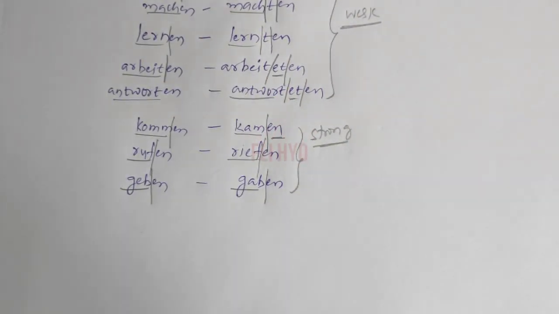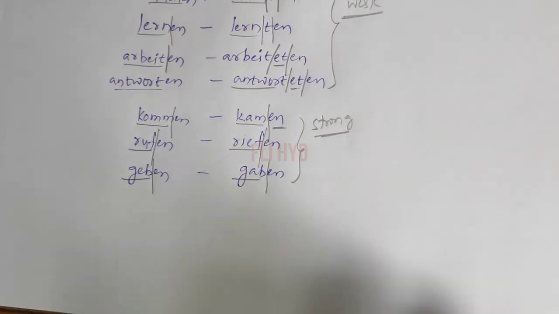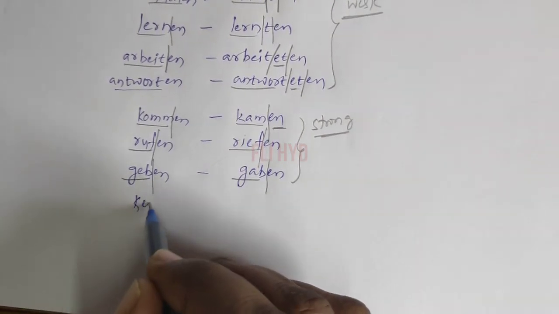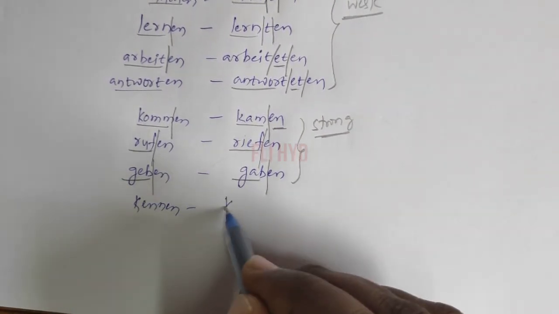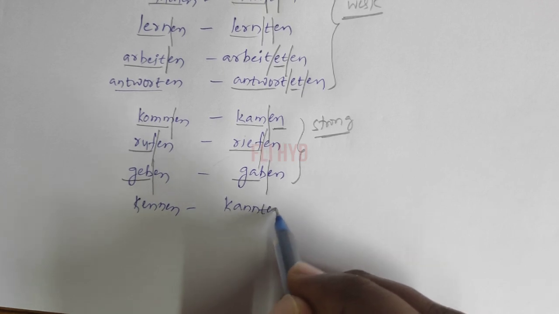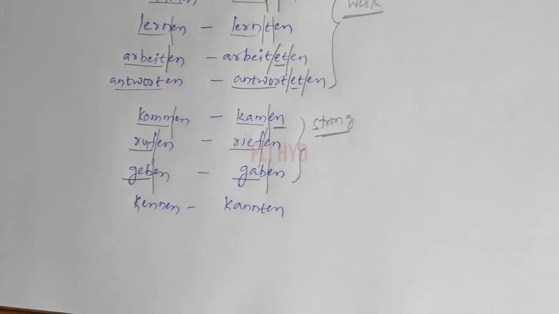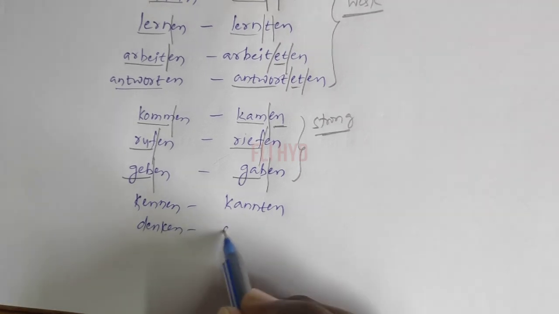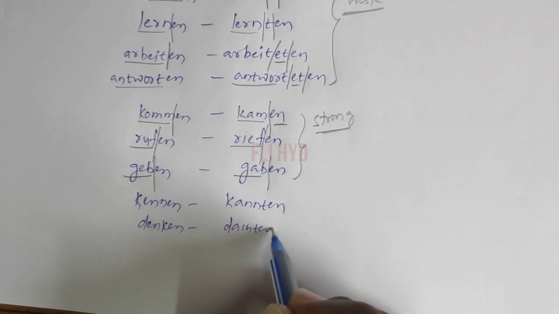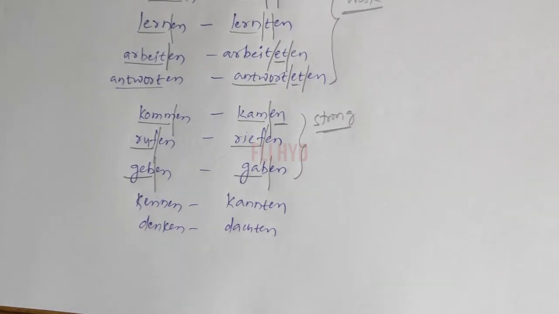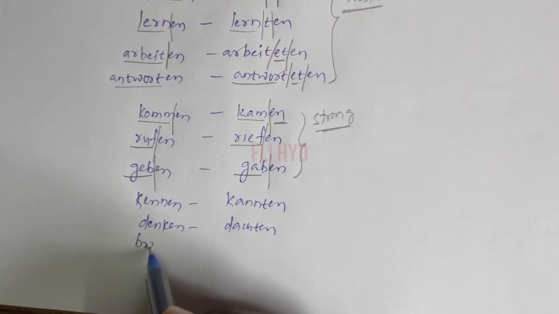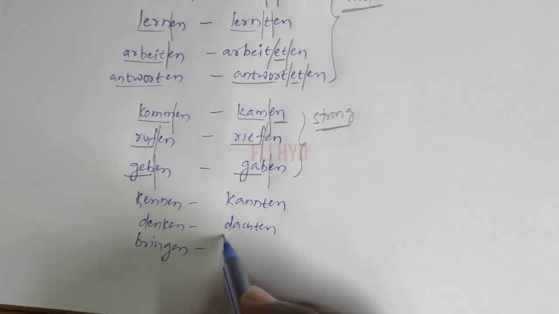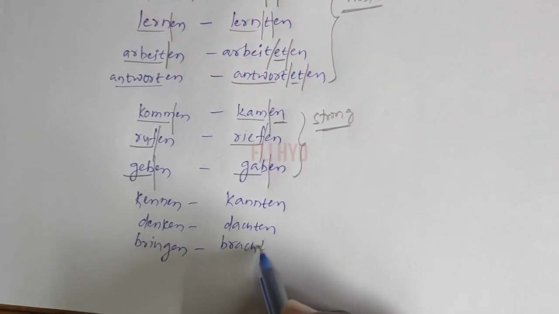And there are some other verbs. For example, kennen. The past tense is kannten. Denken changes to dachten. Next, bringen changes to brachten in the past tense.